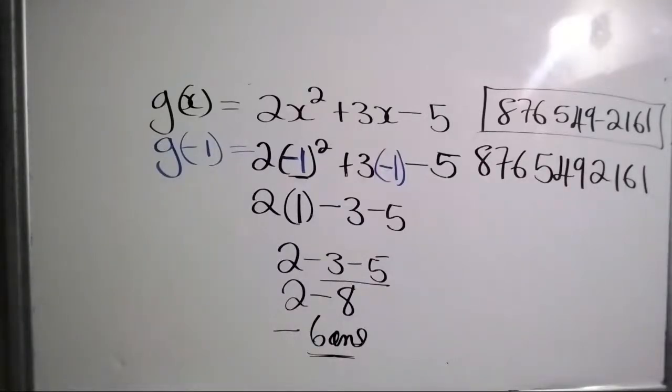Alright, well done, Kumar. So now guys, what we're going to be doing is a composite function. Now, you might not be sure what that is. A composite function is combining 2 or more functions. So we're going to combine 2 functions.